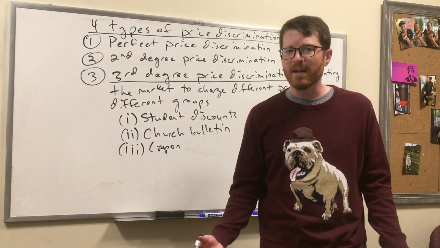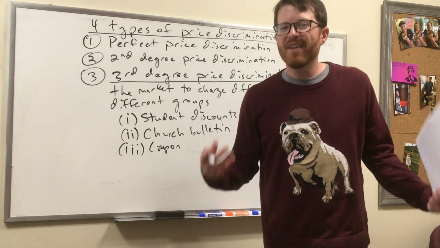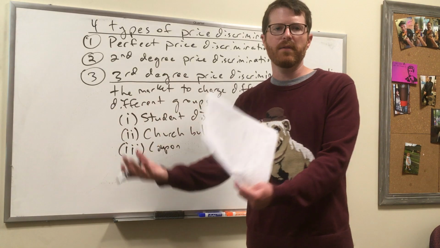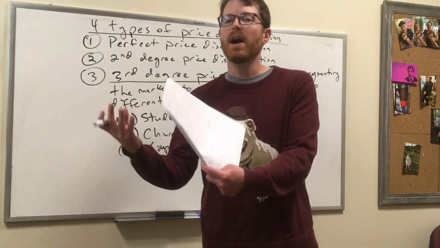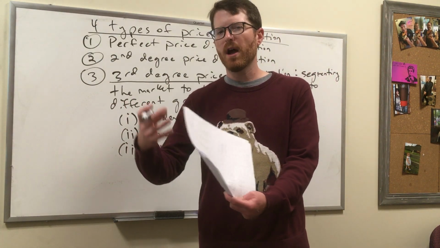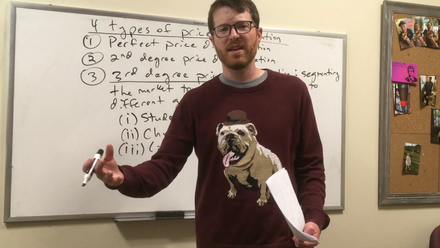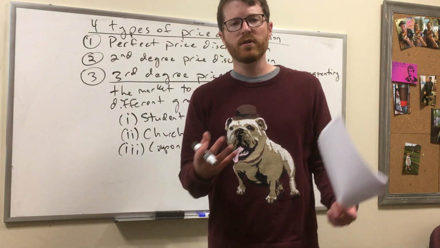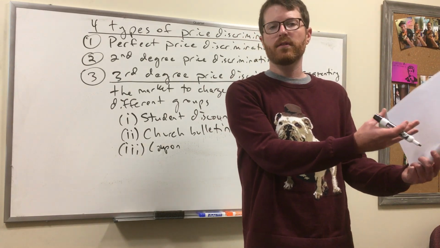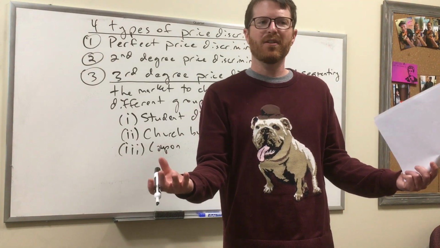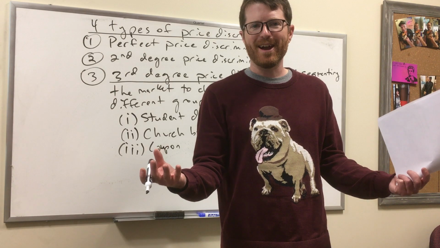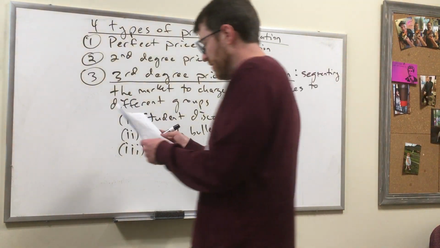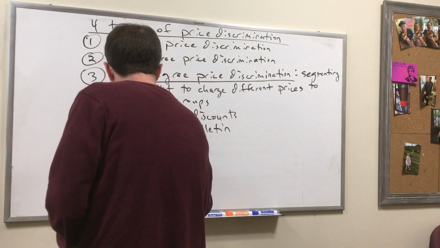Someone who has a lot of time and maybe not a lot of money has more to gain by spending time cutting coupons. Compare that to somebody with a lot of income. With somebody with a lot of income, their time is really valuable. So it's probably not worth it, just in pure dollars and cents, to take the time to find coupons and clip them. So you're going to charge some people a higher price and other people a lower price based on whether they are willing to take the time to cut the coupons or not. So church bulletins, coupons, happy hours.